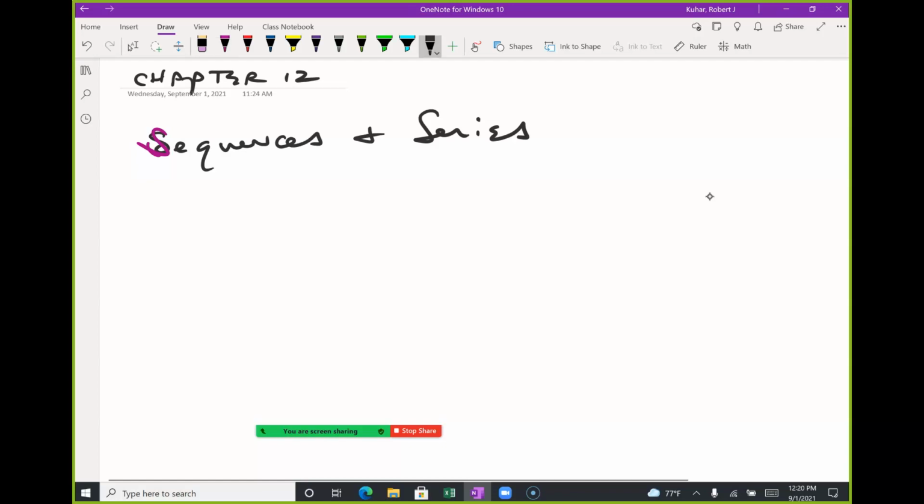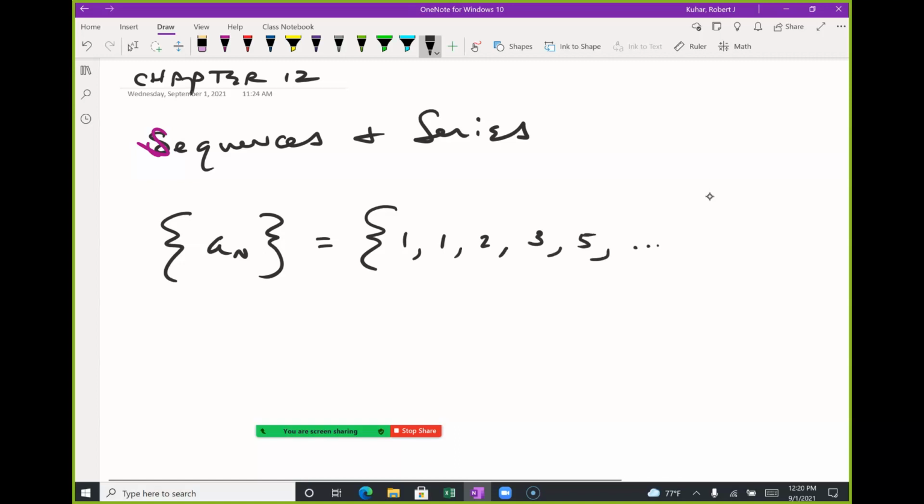So they'll use a notation like a sub n in a curly bracket, that stands for a set, equals 1, 1, 2, 3, 5, dot dot dot, right? So they'll write out term by term for the Fibonacci sequence.